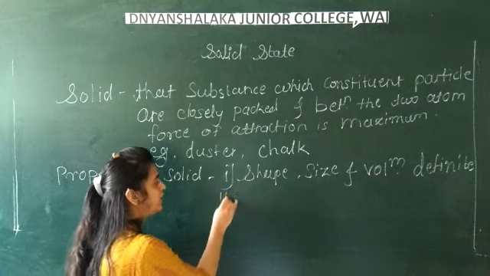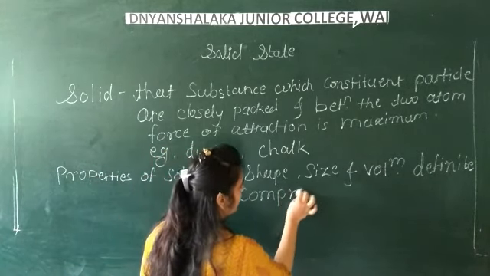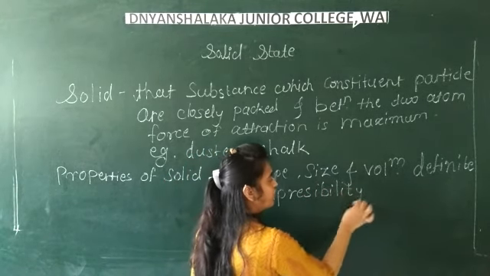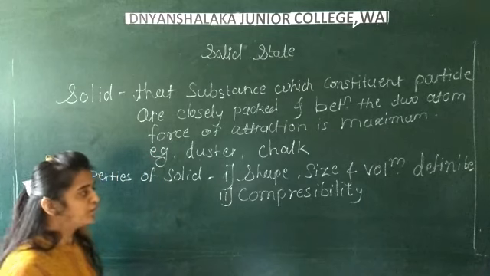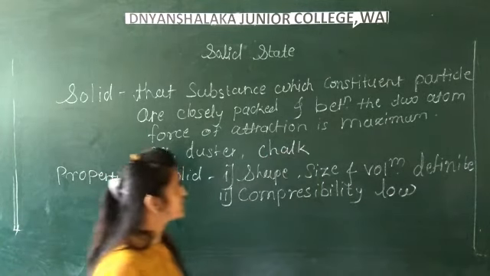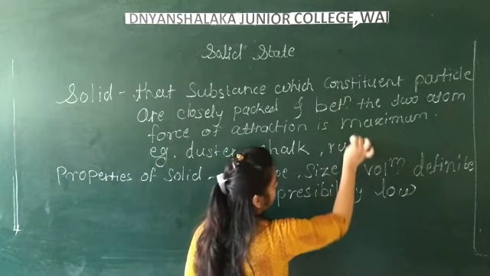So next property, compressibility. Compressibility is low. We consider two examples, duster and chalk, and third example, rubber.